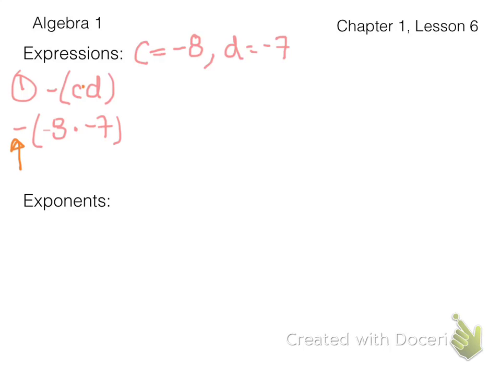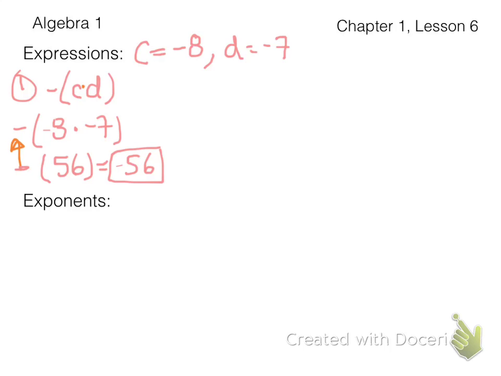That's what that little negative sign means. The opposite of negative 8 times negative 7. So we have to do things inside the parentheses first. Order of operations. Negative 8 times negative 7 is positive 56 because a negative times a negative is a positive. But because we have that opposite sign in front of it, that negative, it's going to be negative 56.